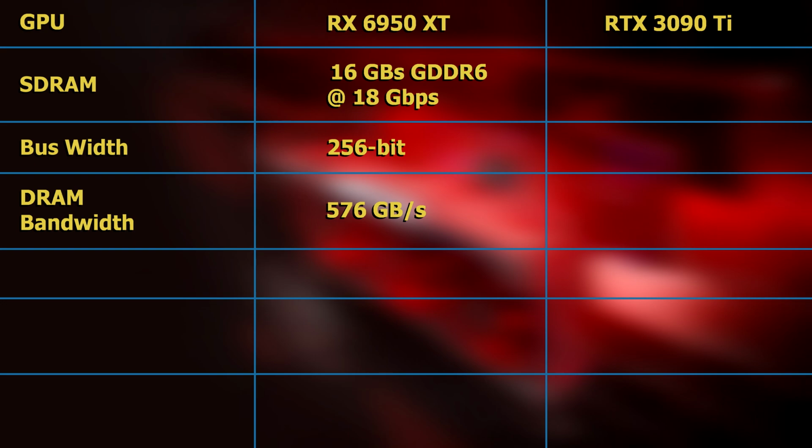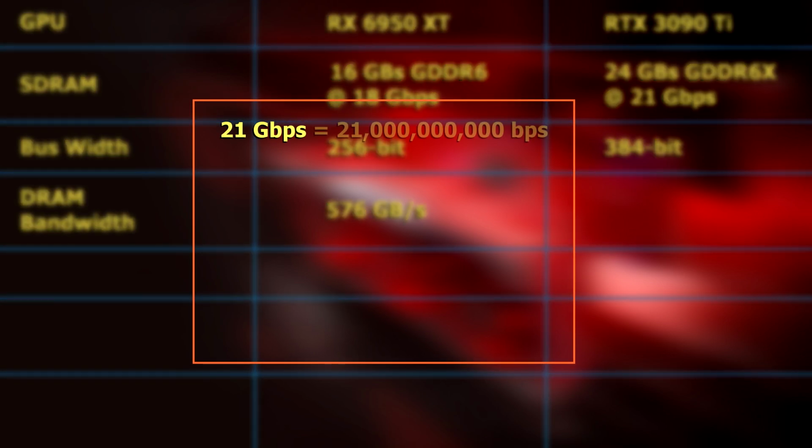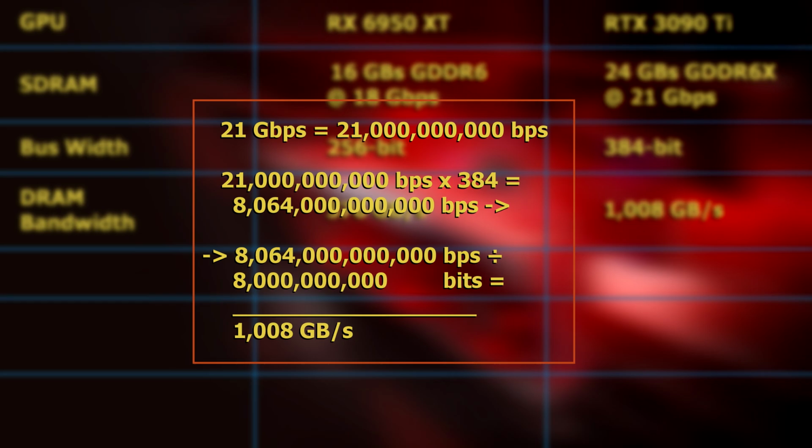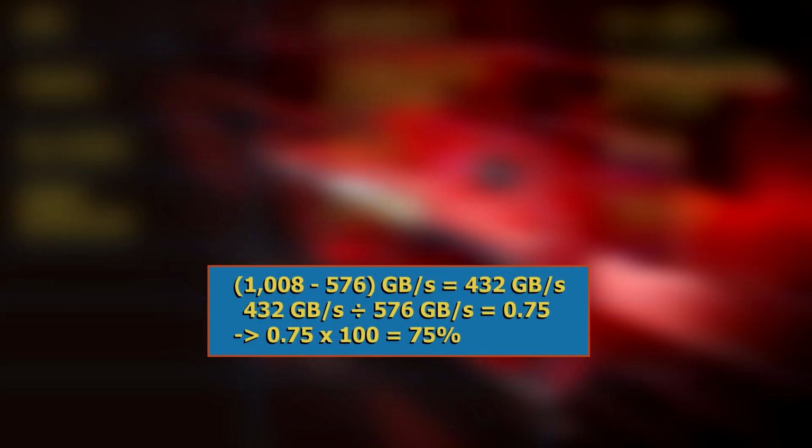As for the RTX 3090 Ti, it has 24 gigabytes of GDDR6X SDRAM that runs at 21 gigabits per second via a 384-bit bus. 21 gigabits per second is 21 billion bits per second, and multiplying this value by 384 equals 1008 gigabytes per second. As you can see, the bandwidth of the RTX 3090 Ti's SDRAM is 75% greater than that of the RX 6950 XT's SDRAM. Despite this glaring difference, the RX 6950 XT performs only slightly less than, equal to, or slightly greater than the RTX 3090 Ti.